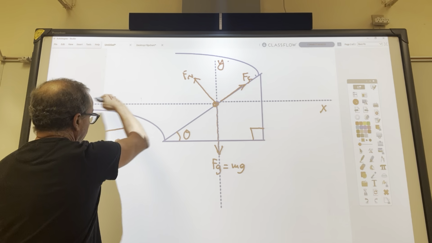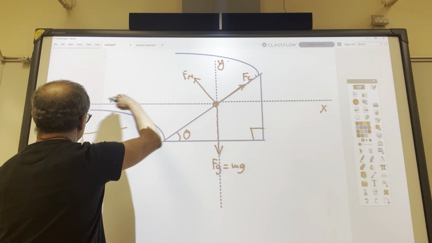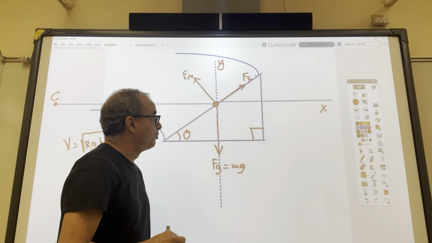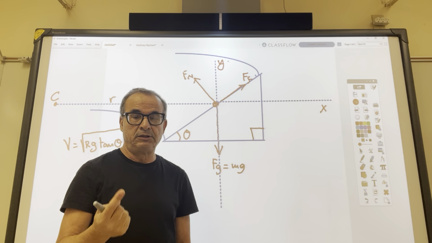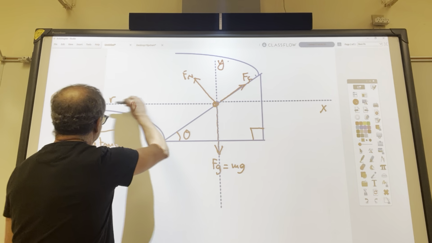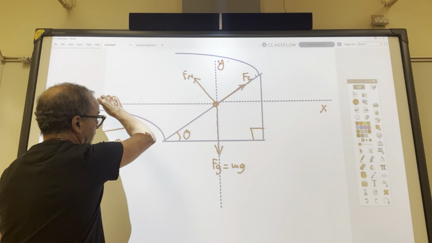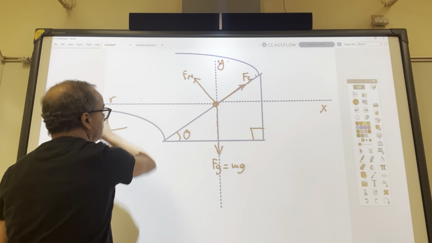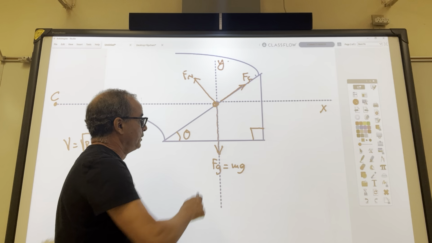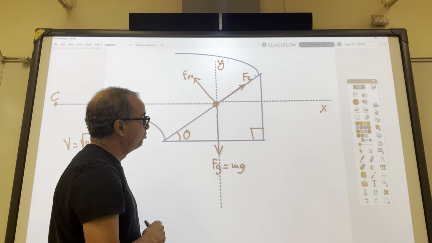Acceleration is centripetal, going to the center, so we have to follow what acceleration is doing.